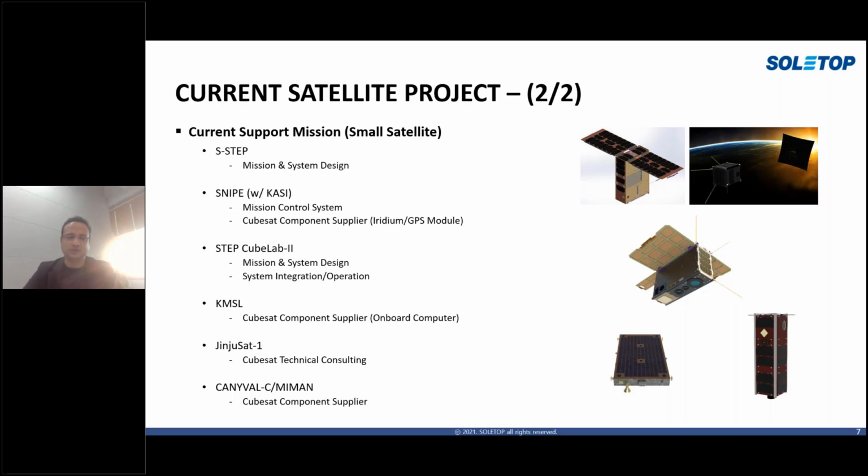This is one of the recent small launches in Korea, which were very successful and have demonstrated a lot of technology, as well as a statement that small satellites are a very important part of our space program here in Korea.